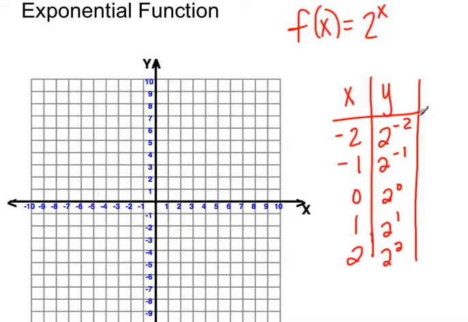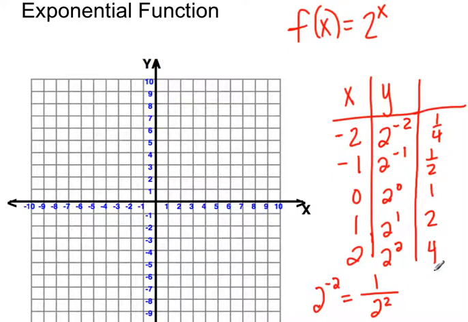And what those values would be is 2 to the -2. If you recall, 2 to the -2, you have a negative exponent on it, you put it on the bottom, make it positive, and then put a placeholder of 1 on top. So you would get 1 over 4. So that would be 1/4. This would be 1/2. 2 to the 0 is 1. Anything to the 0 power is 1. 2 to the first is 2, and 2 to the second is 4.